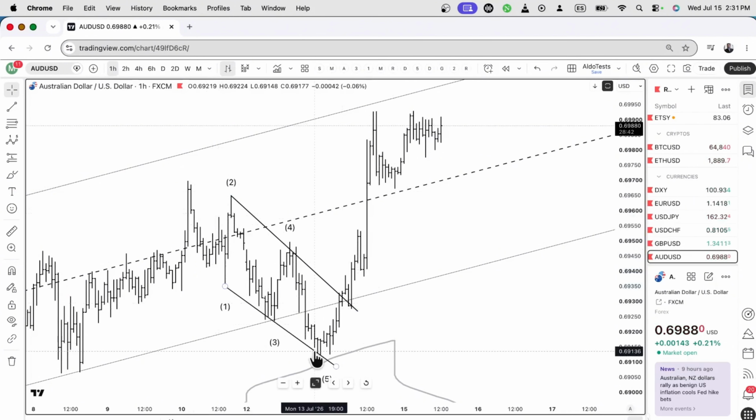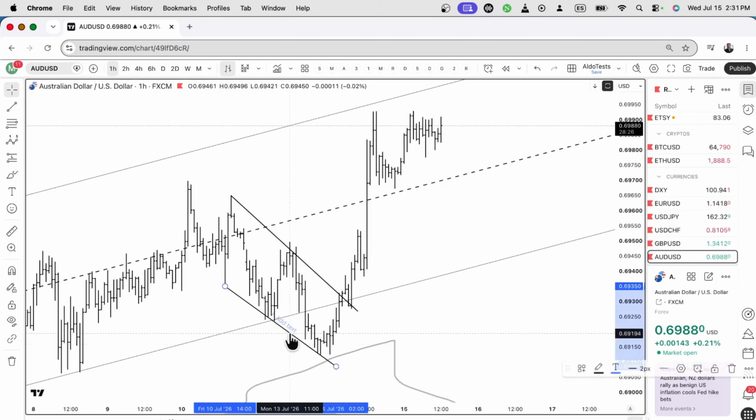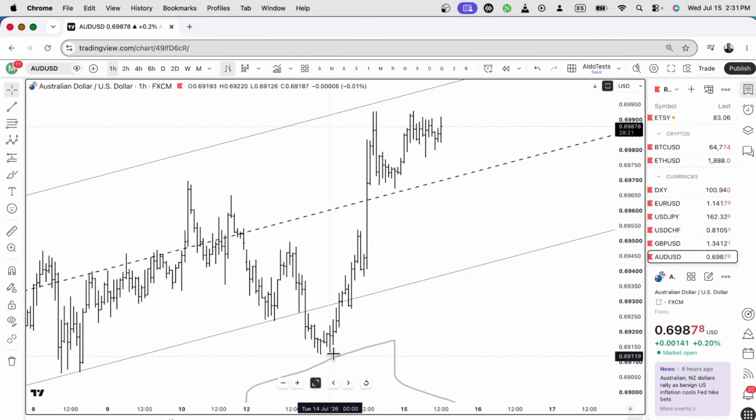So ideally, I was expecting this to be the first wave of the next decline, and this would be an ABC. But because of the corrective nature of this, we couldn't simply assume that, and the moment to enter this trade was with the break of this low. And that didn't happen, and it proves that I was completely wrong in that assumption of a diagonal.